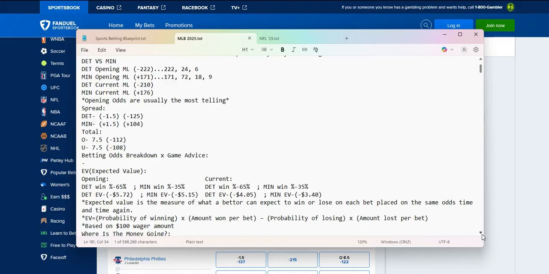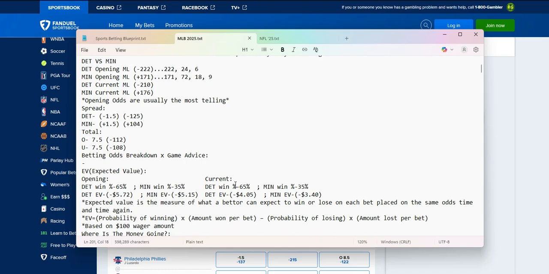Now, percentage of betting for Detroit, 65% and 35% going with Minnesota. Now, expected value, minus $5.72 and minus $5.15 expected value for Detroit and Minnesota respectively. Current expected value is based off this minus 210, plus 176.